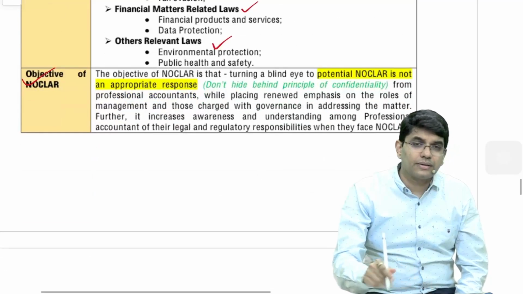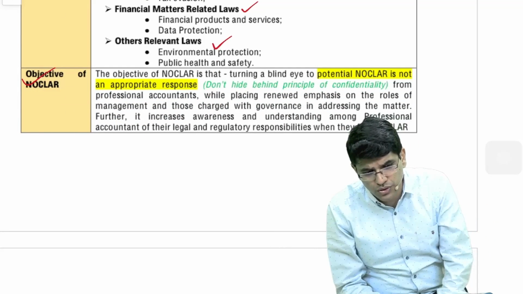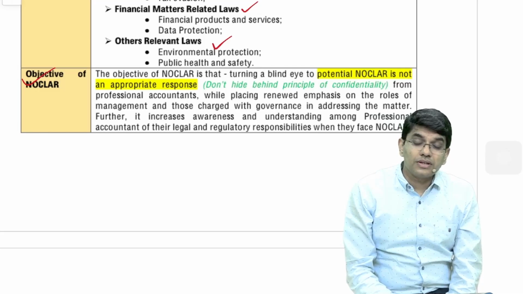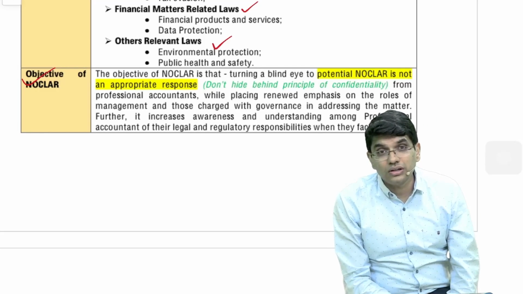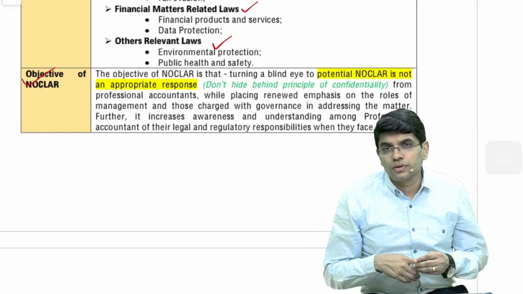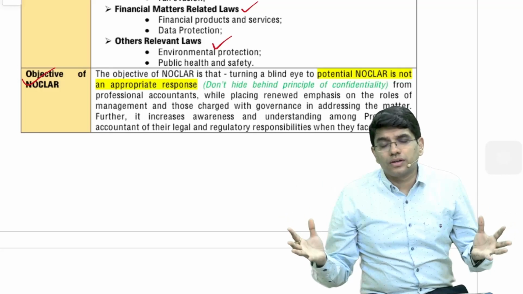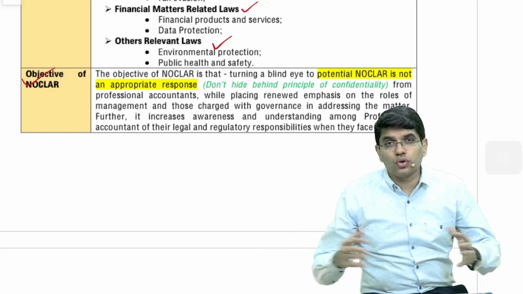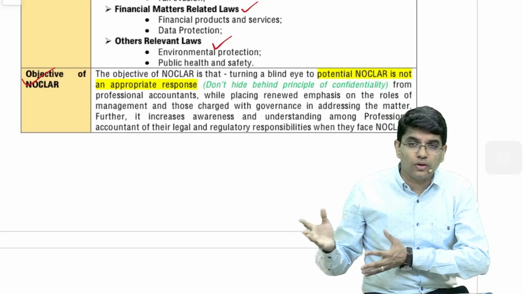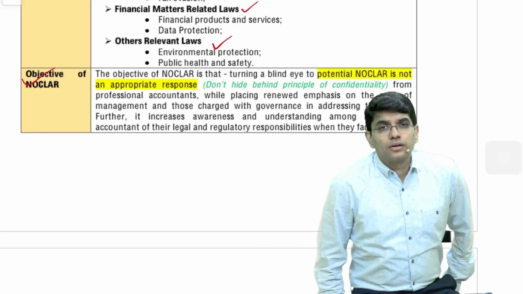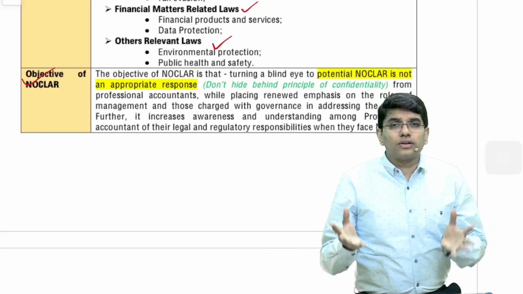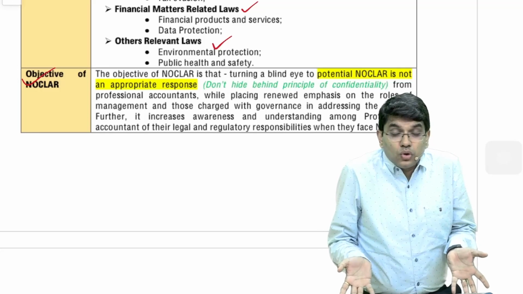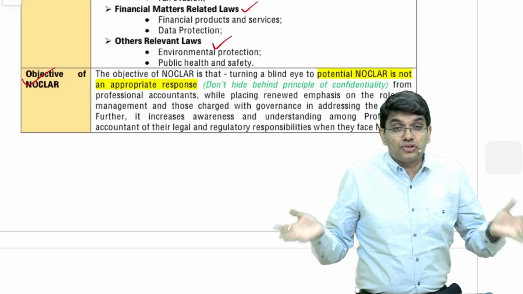See why there is so much emphasis on this. Whenever you come across this situation, don't ignore it. If you come across a NOCLAR situation, non-compliance of law by the client or by the employer or people involved, don't ignore it, don't avoid it. Don't simply say that, oh, confidentiality, I will not look into it.